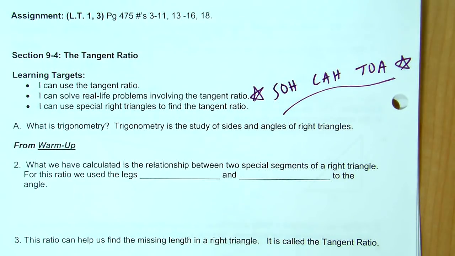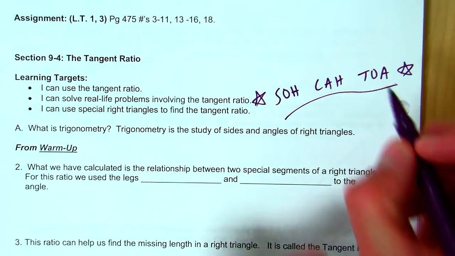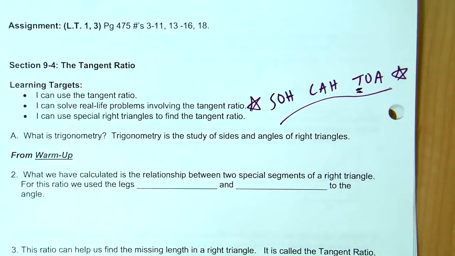The warm-up that we're going to do in class today will hint at some of these ratios. We're going to start with the tangent ratio, which is referring to this T over here. That T is going to stand for tangent.